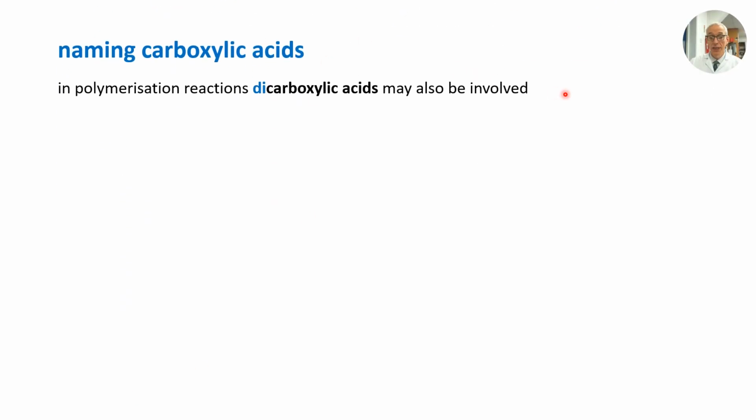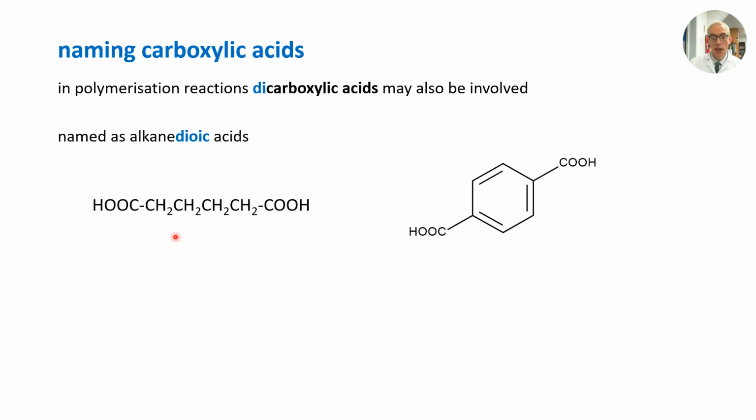You will also meet dicarboxylic acids in polymerization and in some titration problems. They're named as alkanedioic acids. So let's look at an example. We've got 6 carbons in the chain. We've got 2 carboxyl groups at each end of the chain.